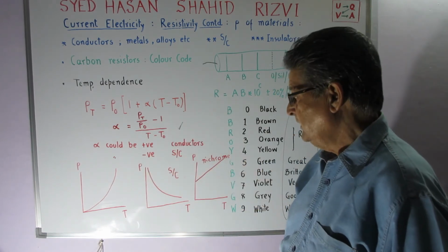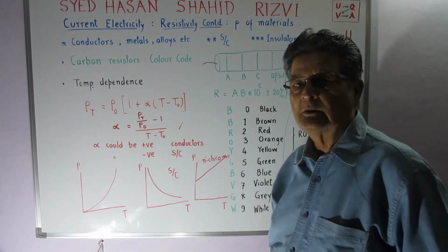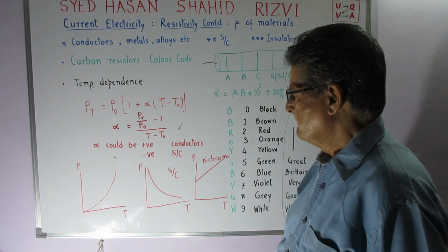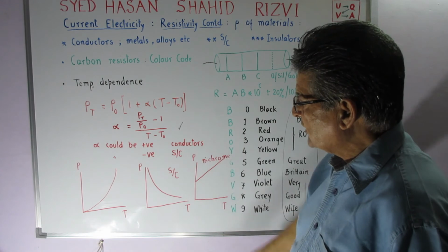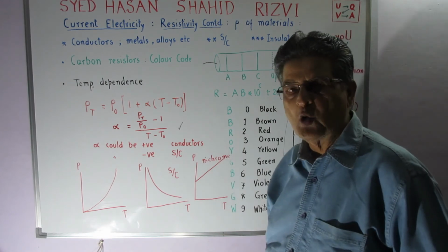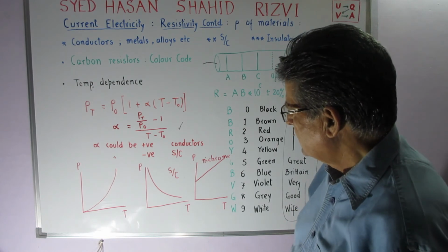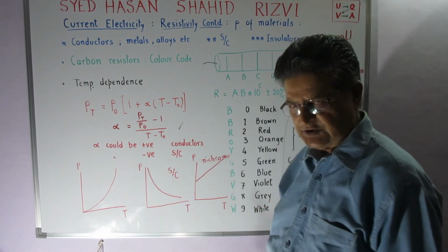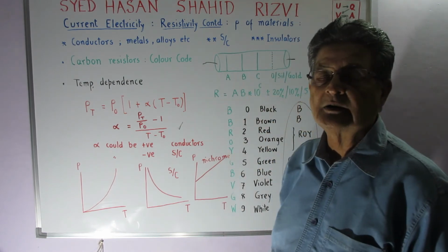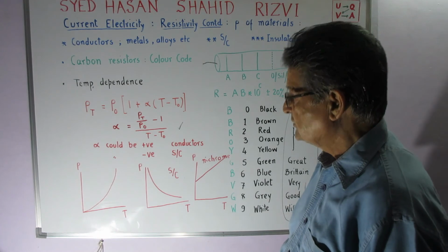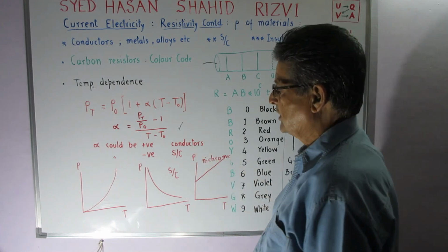So the resistivity decreases with temperature, for a different reason. In the case of semiconductors, besides electrons, there are holes. As the temperature is raised, the number of electrons and holes increases, and we'll have occasion to look into it when we talk about semiconductors.